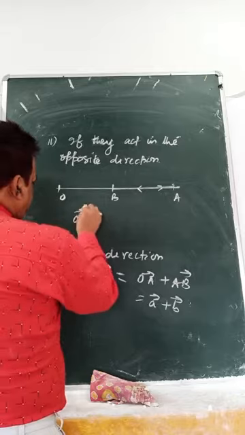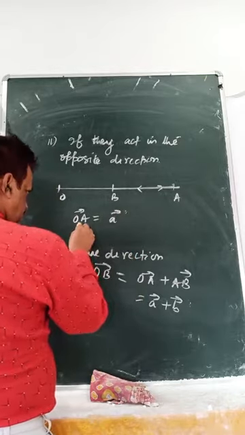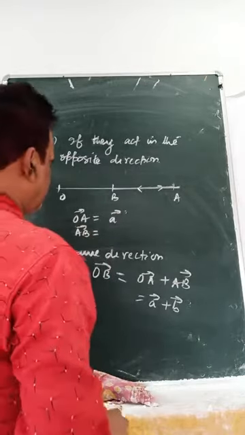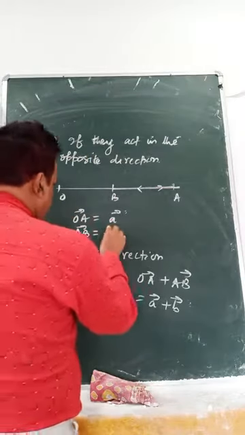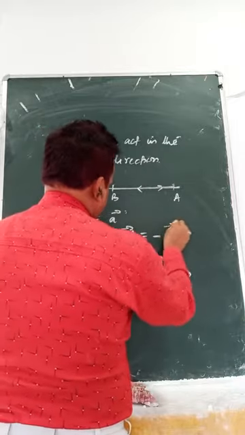OA is A vector, and AB is minus BA, that means minus B vector.